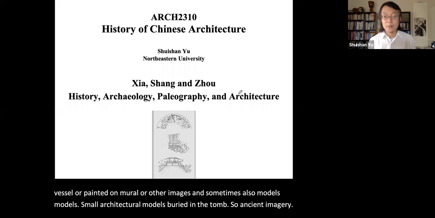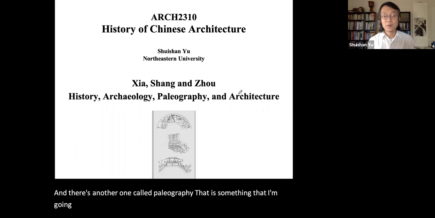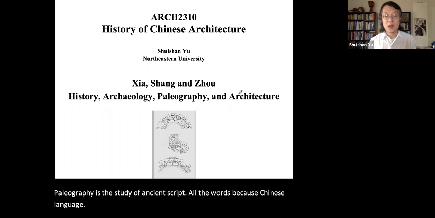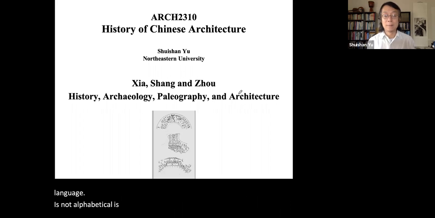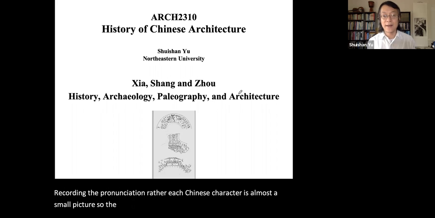And there is another one called paleography. That is something that I'm going to introduce today. Paleography is the study of ancient script, old words, because Chinese language is not alphabetical, it's not recording the pronunciation. Rather, each Chinese character is almost like a small picture. So the picture sometimes looks like the thing it is describing.